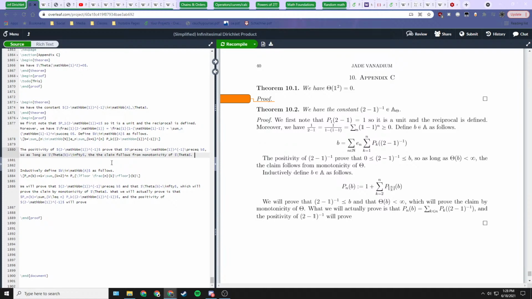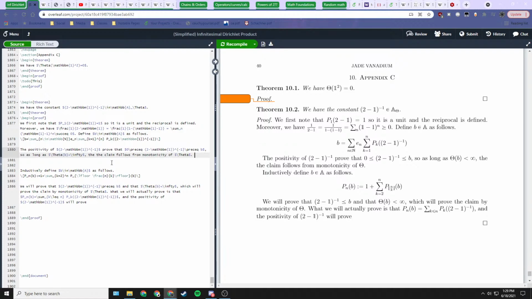Yeah, there are a lot of interesting calculations. There's probably an easier way to prove this.